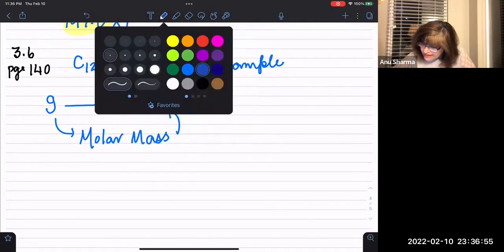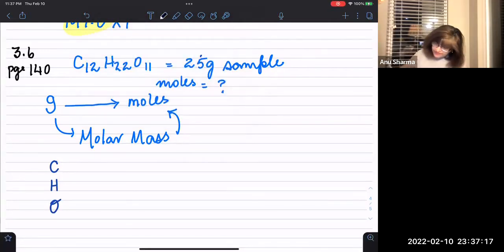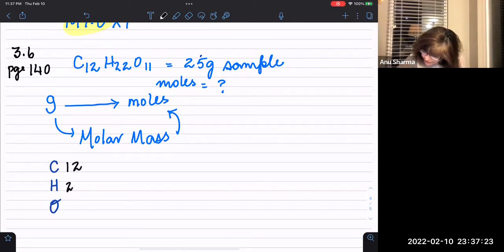We see that there are 12 carbons, 22 hydrogens, and 11 oxygens.